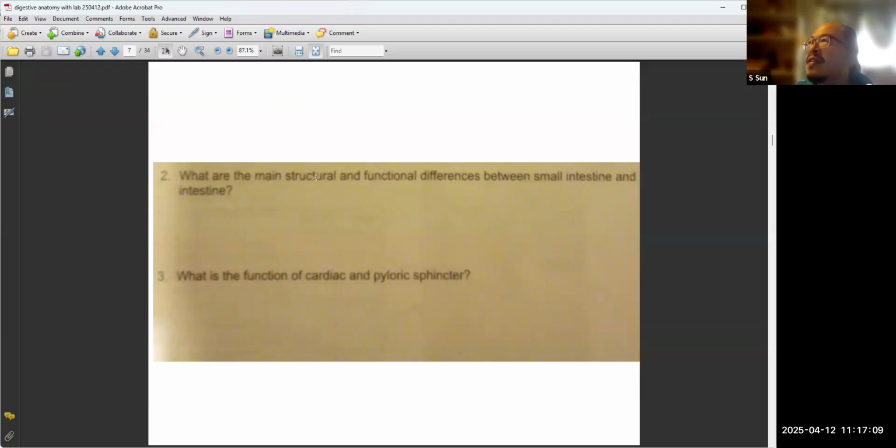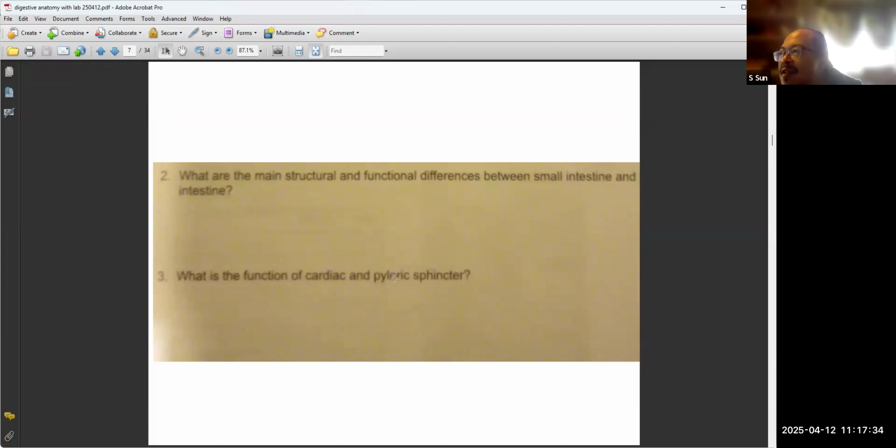So what is the structure and the function? So structure difference is that small intestine has a lot of surface area for nutrient absorption. And the large intestine is pretty much flat.